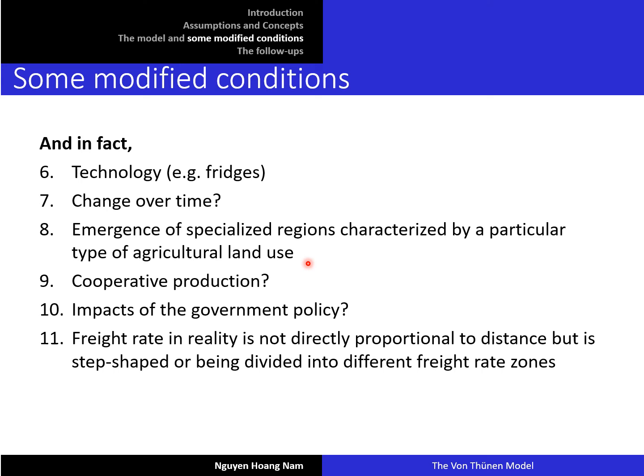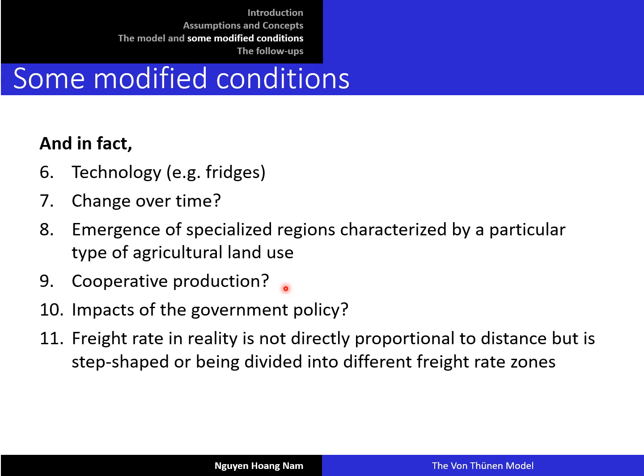So the specialized regions' characteristics might be important in our calculation, but for now in this simplified model we cannot include them.